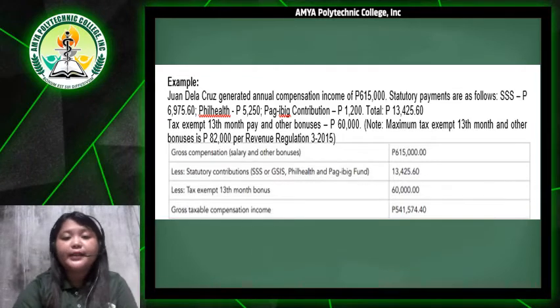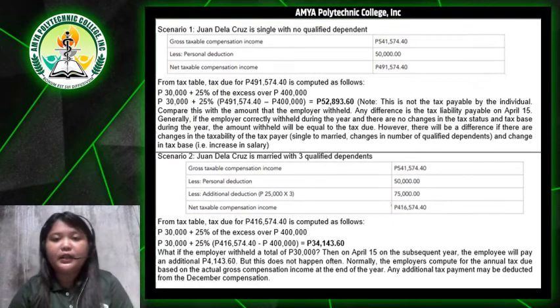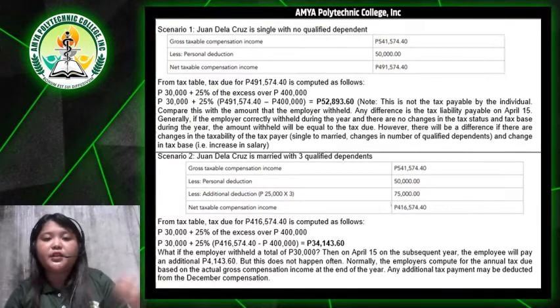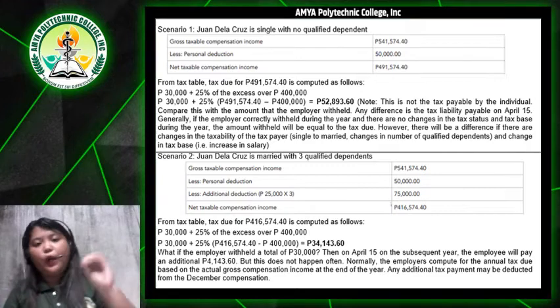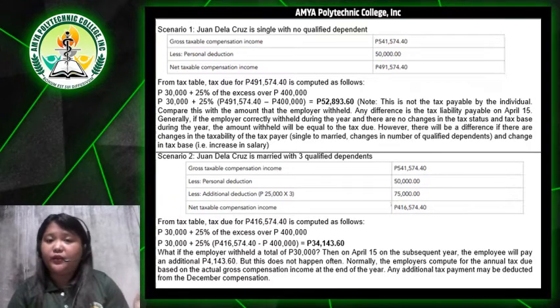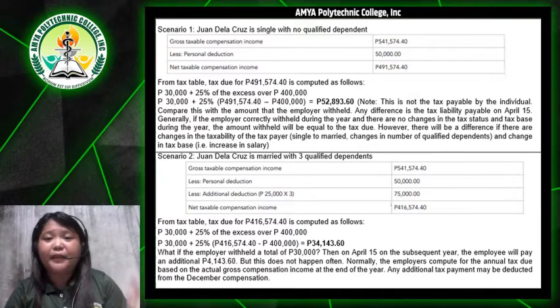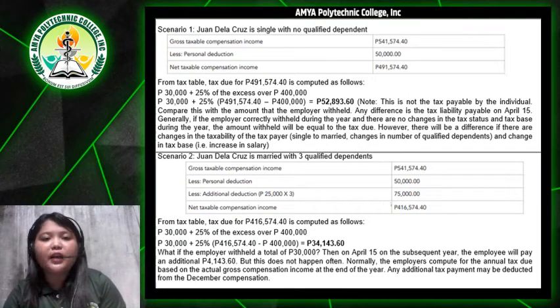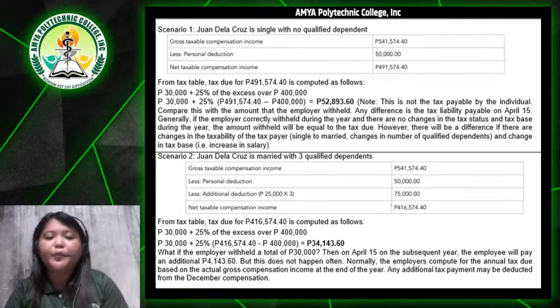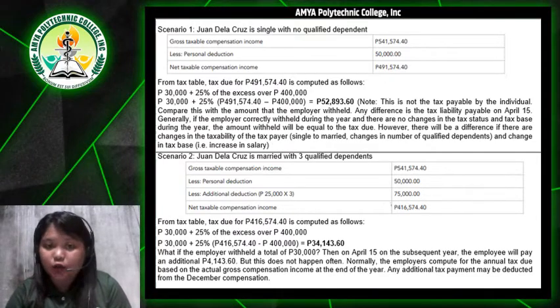Next, same with the other problems, we have scenario 1 and scenario 2. In scenario 1, Juan de la Cruz is single with no qualified dependents. So we just have the gross taxable compensation income, and then less the personal deduction.